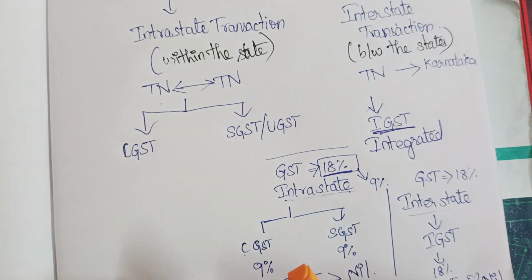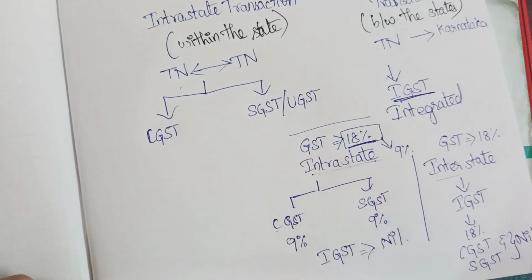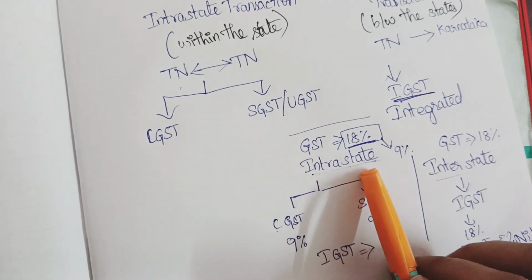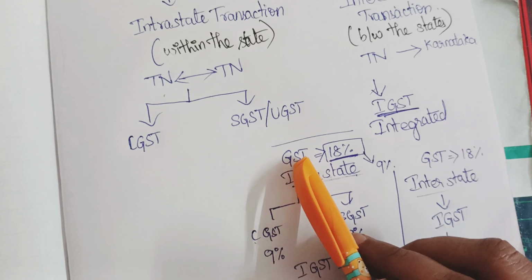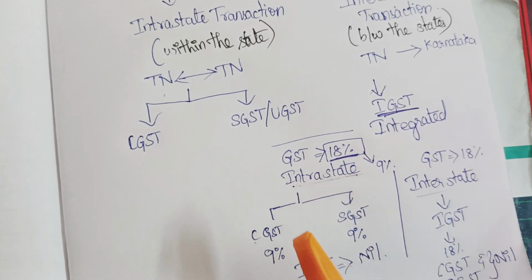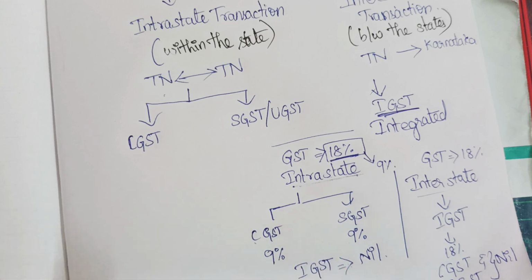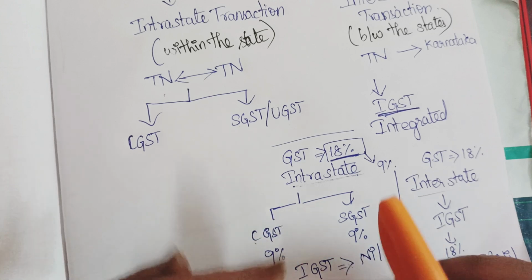Now, suppose the question says GST is 18 percentage, and it is an intrastate transaction. They have given two things in the question: GST is 18 percentage, and it is intrastate. So for what all will you be paying the GST? For CGST you will pay, and SGST you will pay.